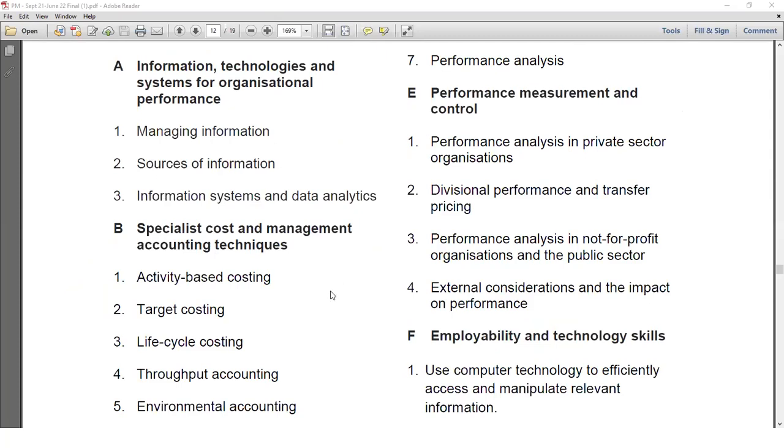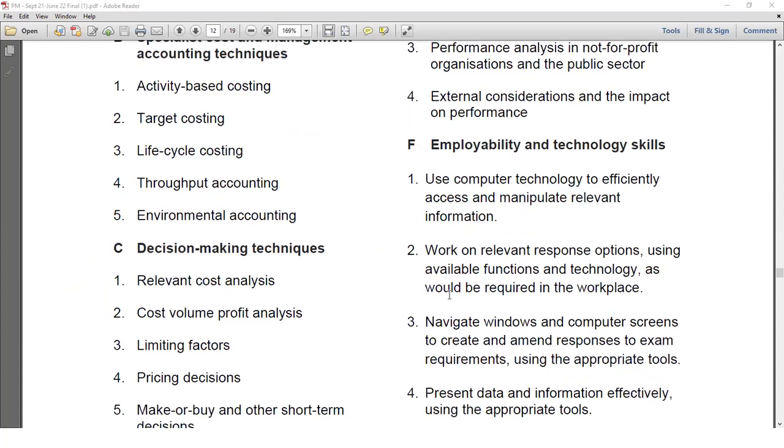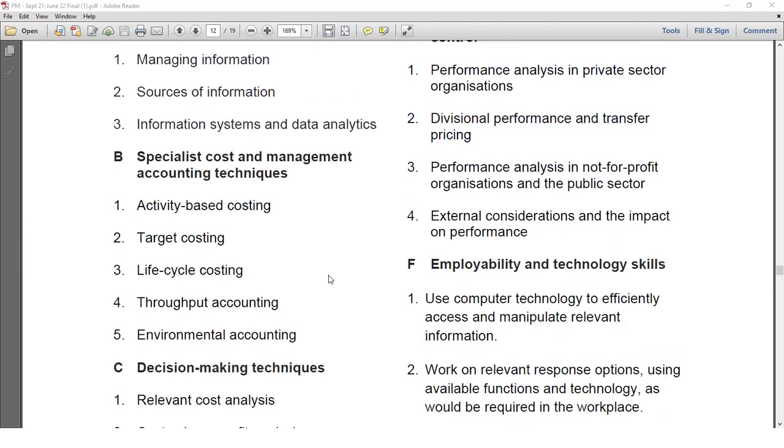Area A, B, C, D, and E. F really is the use of the computer, which is implied when you do the practice. So this is not an area which you need to study per se, but it's a reminder of technology skills such as navigating through the question paper, responding to the question paper using the spreadsheet and word processors that you use at work.